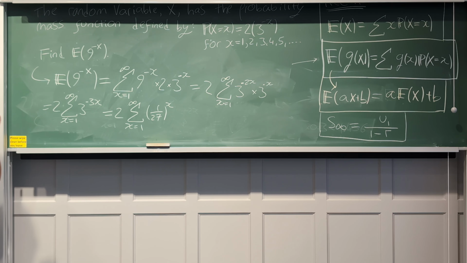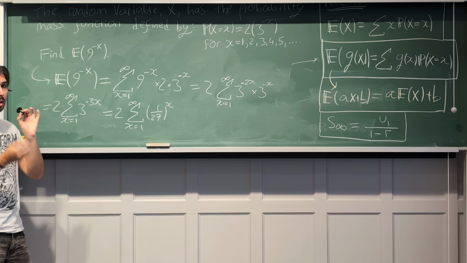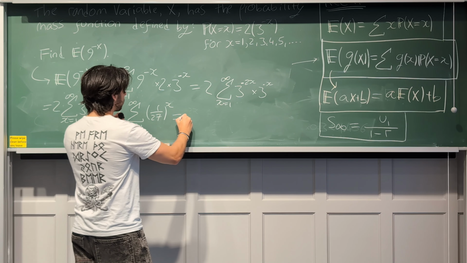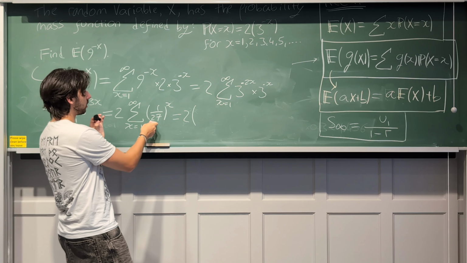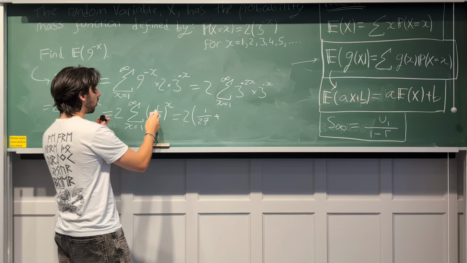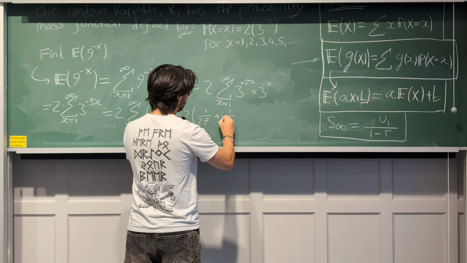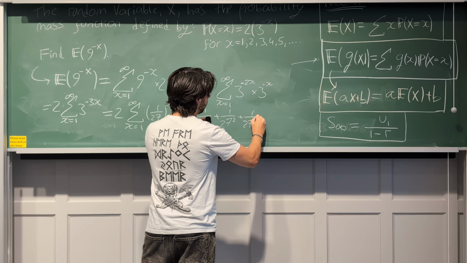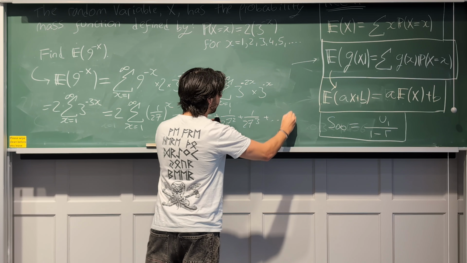Or you could have 27 to the power of minus x. That's fine, that's the same thing. And now we can clearly see, if I was to write some terms out of this, the first term is 1 over 27. The next term is 1 over 27 squared. And this definitely is a geometric series, isn't it? Because we're getting this pattern and that goes to infinity.